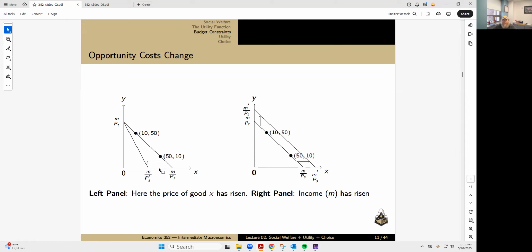And here what we see is that in particular, the price of good X increases. And so the budget constraint pivots in, and now you can see that the choice set is smaller than it was before. Again, this may seem overly simplistic, but for example, when we start talking about the impact of inflation on consumer decisions, we have a very simple argument to make, which is basically that inflation is, broadly speaking, going to make the choice set available to consumers smaller.